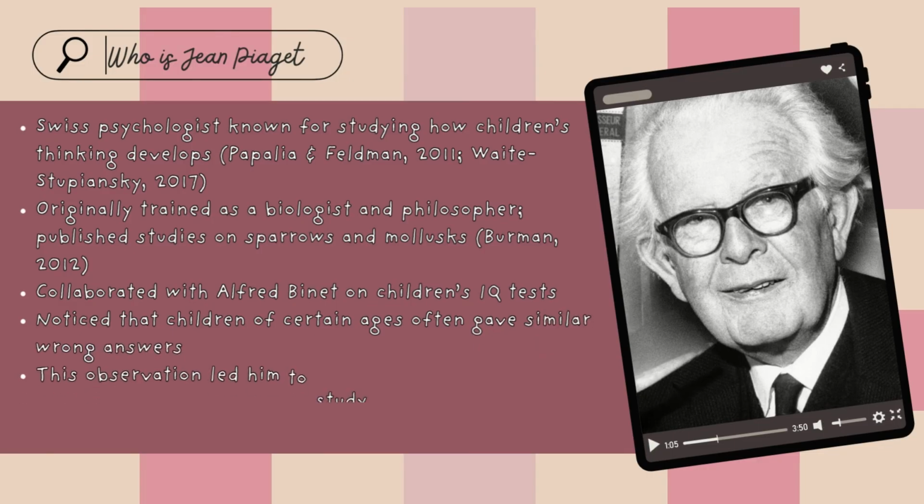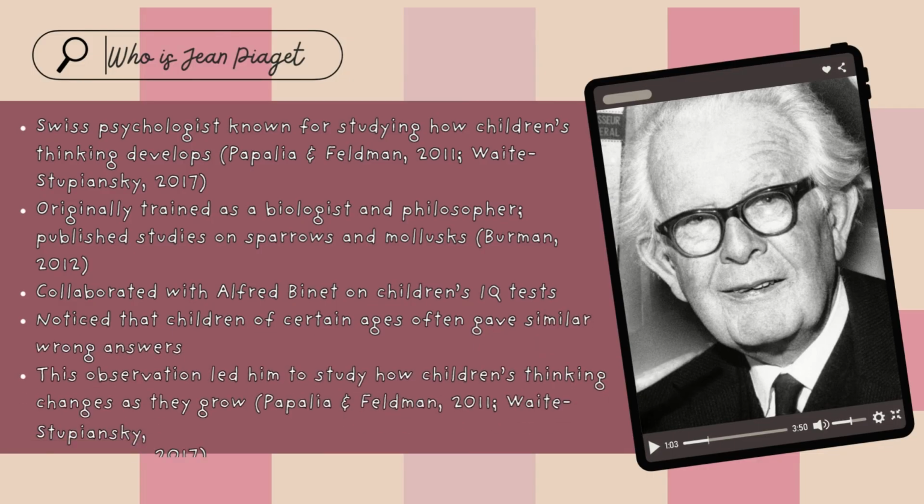According to Papalia and Feldman 2011 and Wittig-Czupiński 2017, his work greatly shaped modern educational psychology. Before becoming a psychologist, Piaget was actually trained as a biologist and philosopher. He even published research on sparrows and mollusks as noted by Berman 2012.